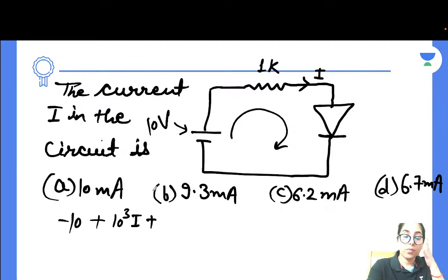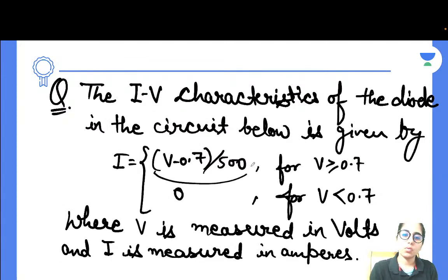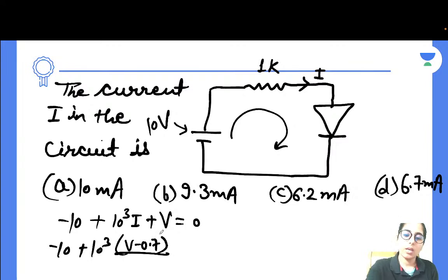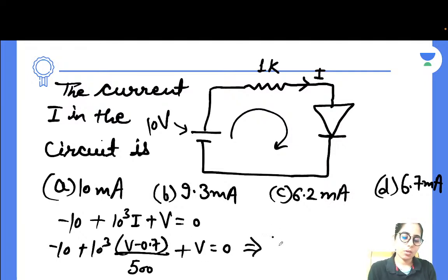Now the current I is given in the question, so we can plug in its value in place of I, which will be V minus 0.7 divided by 500. So it will give us negative 10 plus 10 to the power 3 times (V minus 0.7) divided by 500, plus V equal to 0. Just simplify it, get the value of V from here, and that's going to be 3.8 volts.